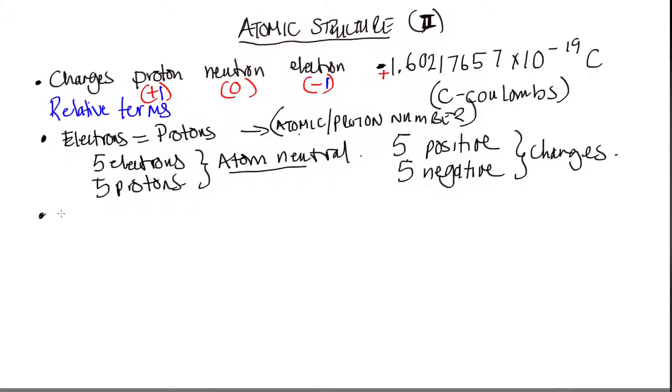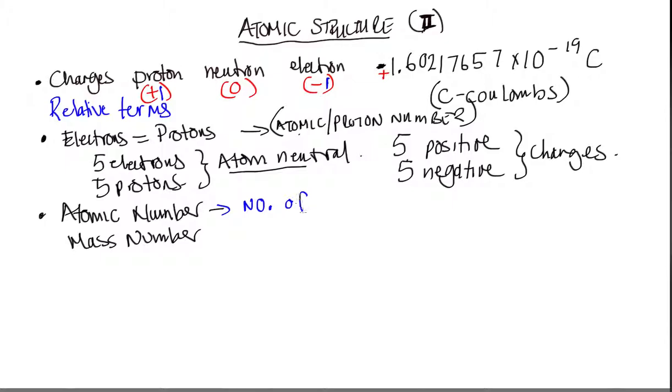Then there is the idea of the atomic number and the mass number. The atomic number is just the number of protons, or the number of electrons.